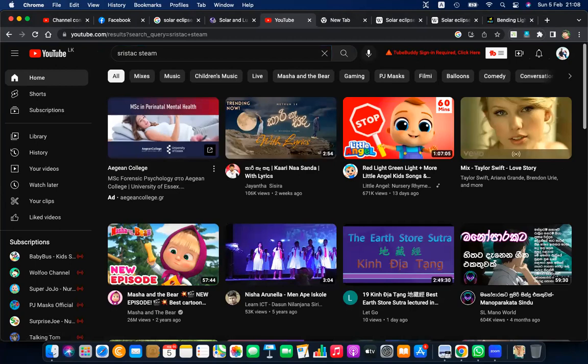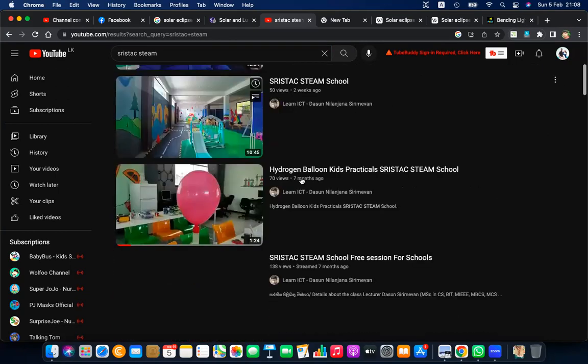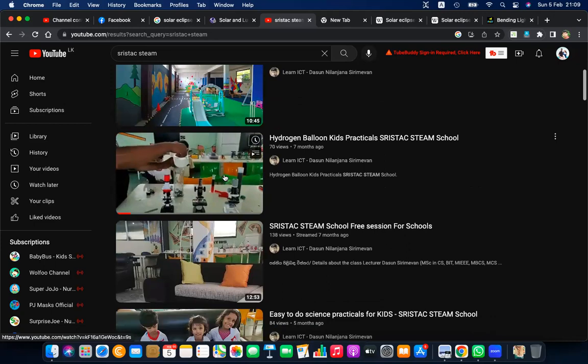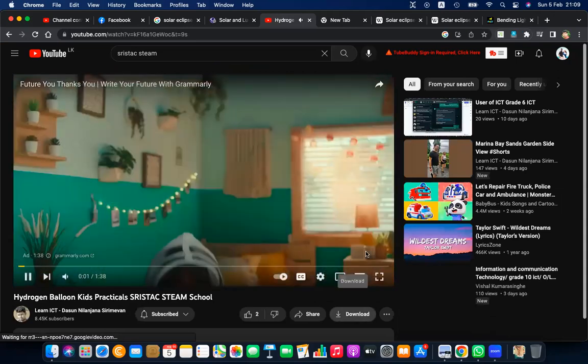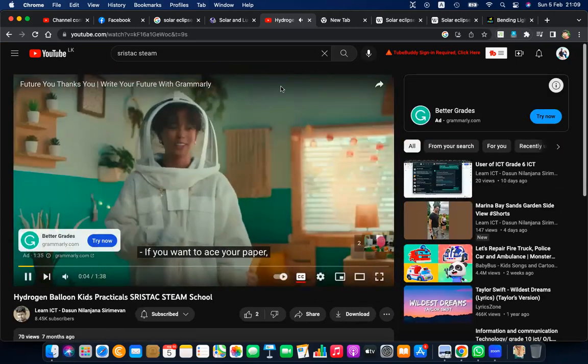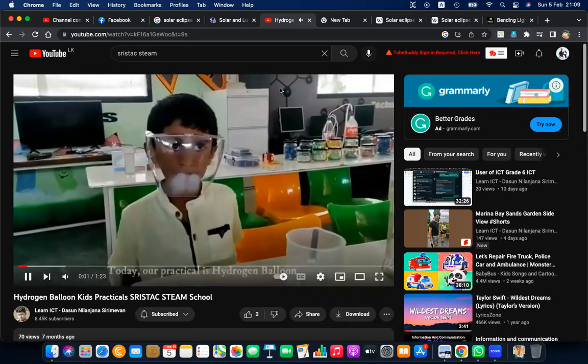You can use aluminium foil and sodium hydroxide, caustic soda, aluminium foil, and this one, hydrogen balloon, kids practical. You can watch this, right? These kids are also doing. You are in grade 8, which means you need to do this anyway. This is not difficult. So you can find aluminium. You can get aluminium foil from a supermarket.